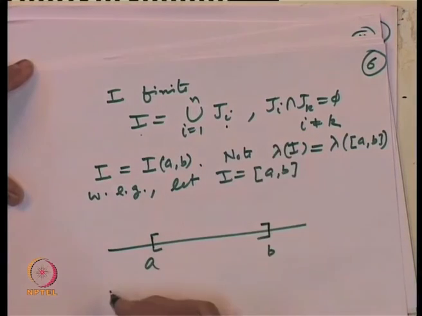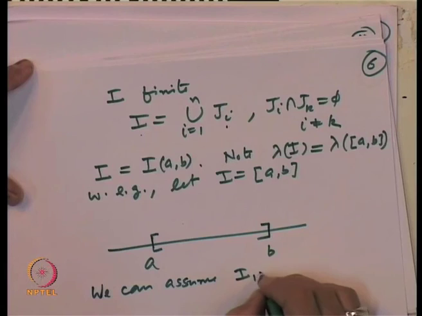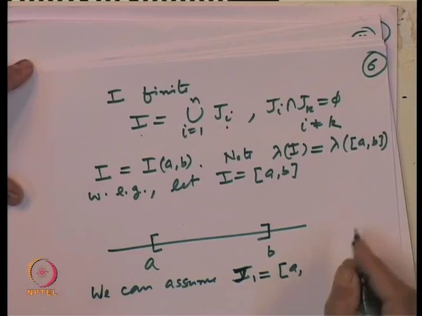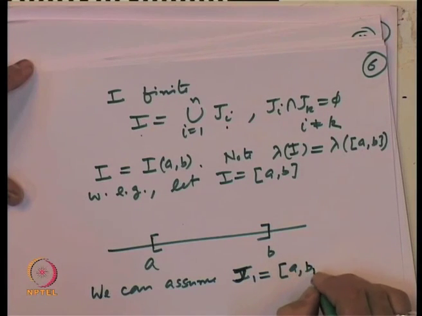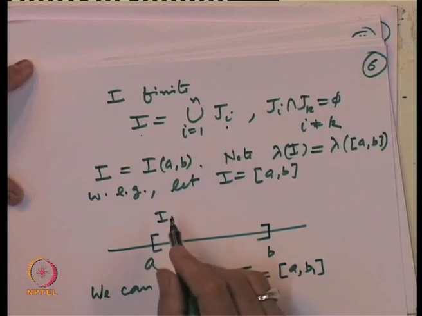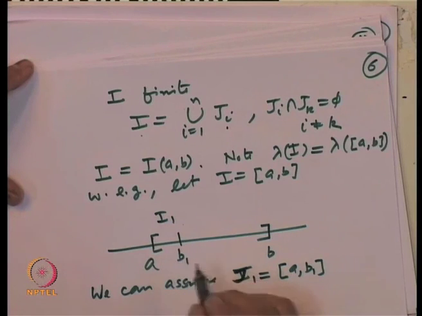So, we can assume the interval j_1 is starting at a and ending somewhere, let us call it b_1. The endpoint may or may not be included. So, the first interval I_1, we can assume it starts here and ends somewhere here, that is b_1.